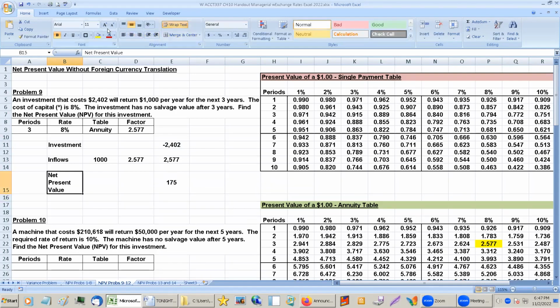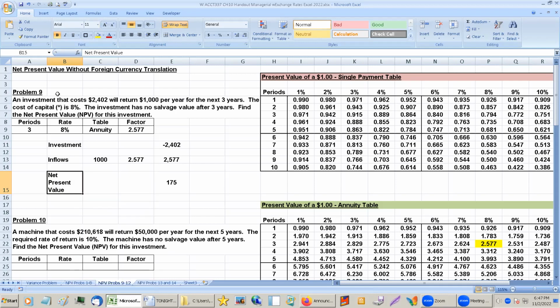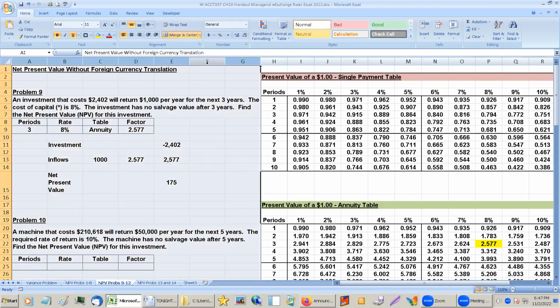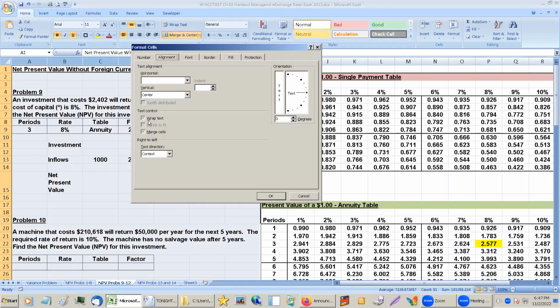Apparently I have word wrap on here. Oh, wait a minute, I don't want to do that.